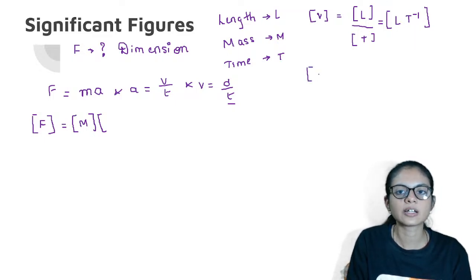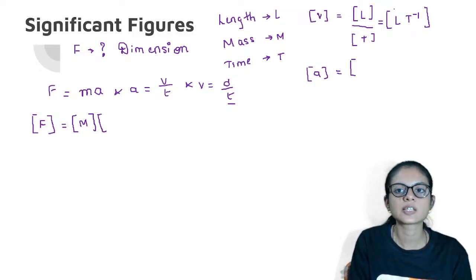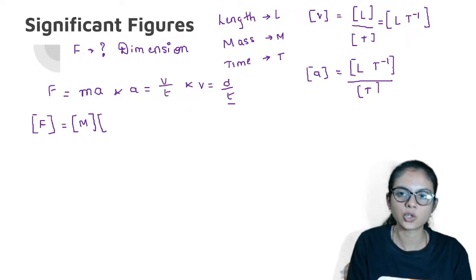Now let me find the dimension for acceleration. The dimension of acceleration will be the dimension of velocity divided by time, right? The dimension of velocity is L T to the power minus 1. And what is the dimension of time? It is T. Again, I'll take this T in the numerator.